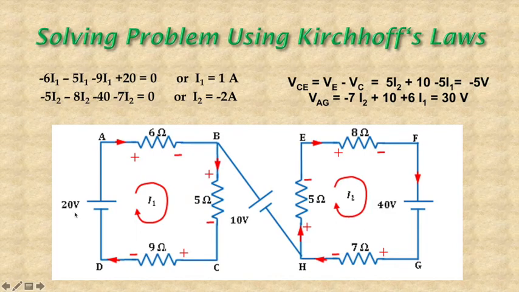So the equation is minus 6I1 minus 5I1 minus 9I1 plus 20 equals 0. Then we get I1 equal to 1 ampere.